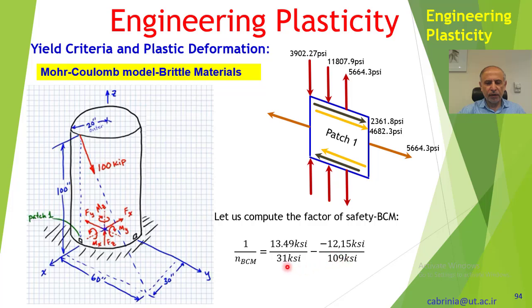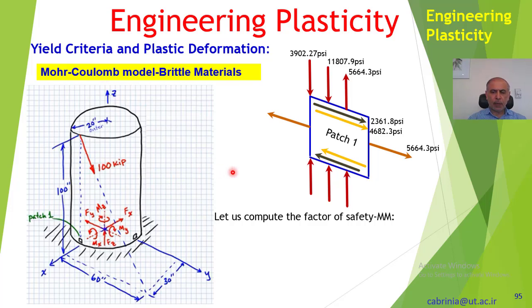As we said, the strengths in tension and compression are different. That's why we got these two values in here, and therefore we get 1.83 as the factor of safety using the Mohr Coulomb model for brittle material, and MM is the modified Mohr Coulomb model for brittle material, and for that one we get this value, which is 2.29.